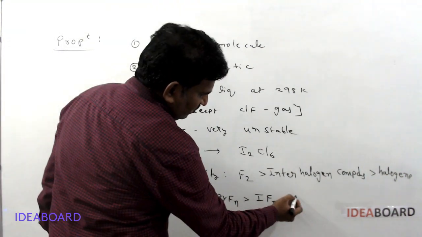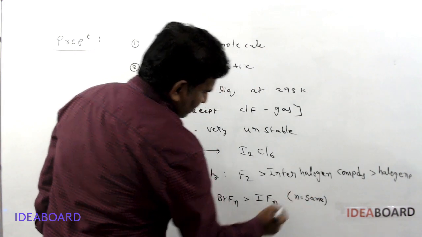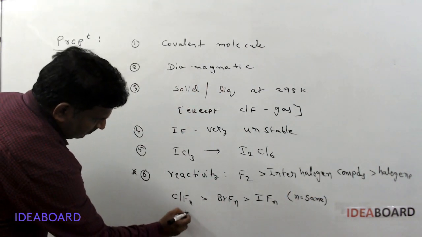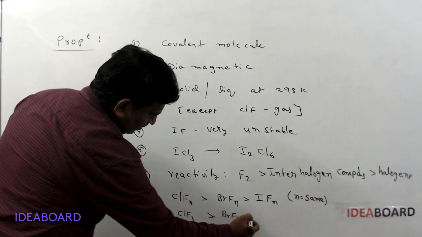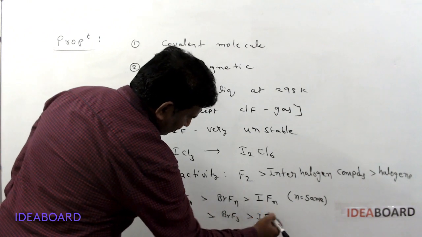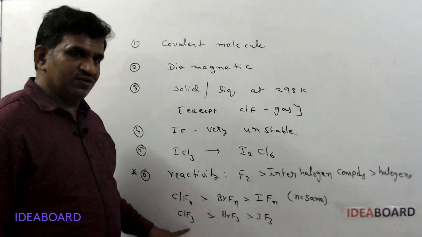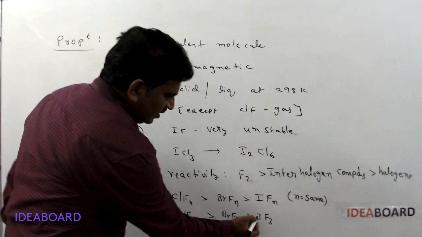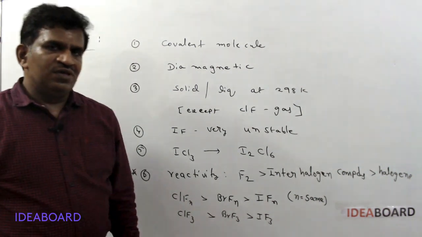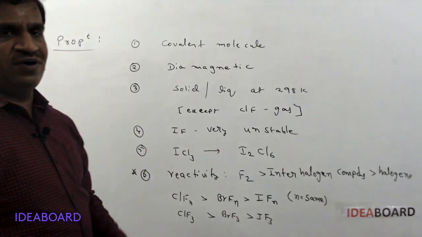This order is followed if n is the same. Suppose we have ClF3, BrF3 and IF3. Then the most reactive is chlorine trifluoride, next is bromine trifluoride, and next is iodine trifluoride. So this is the reactivity order when the n value is the same.